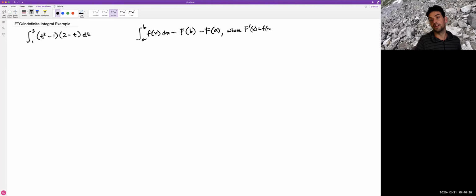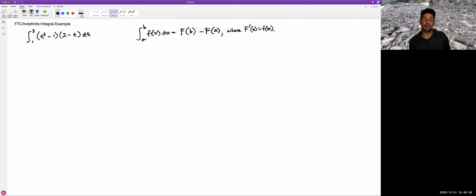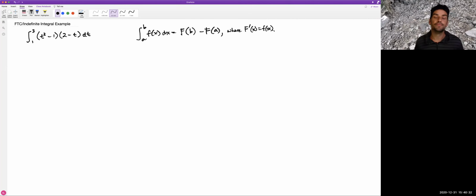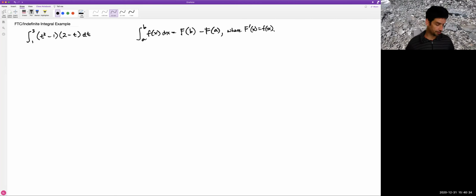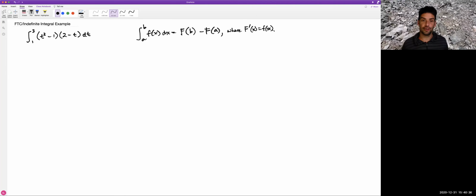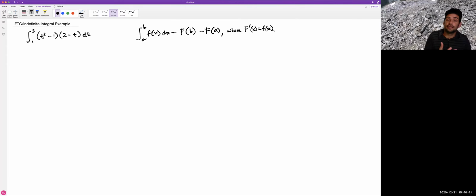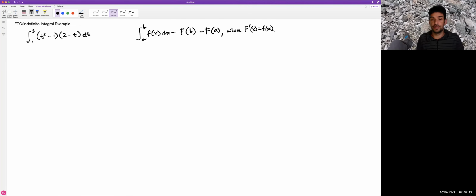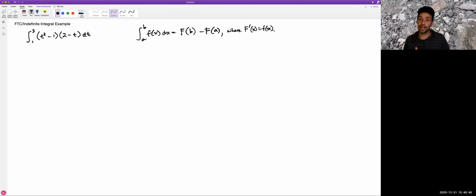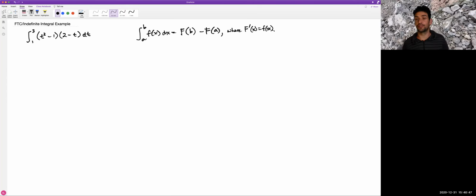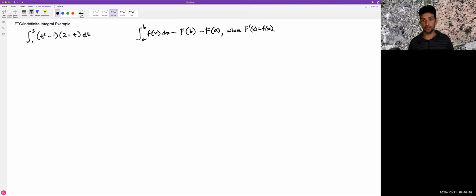That's all I've said here: in order to evaluate this definite integral, provided f is continuous, all those little things we need, but that's in another video, we can evaluate it by taking any antiderivative of lowercase f and evaluating the difference at the endpoints of the interval.